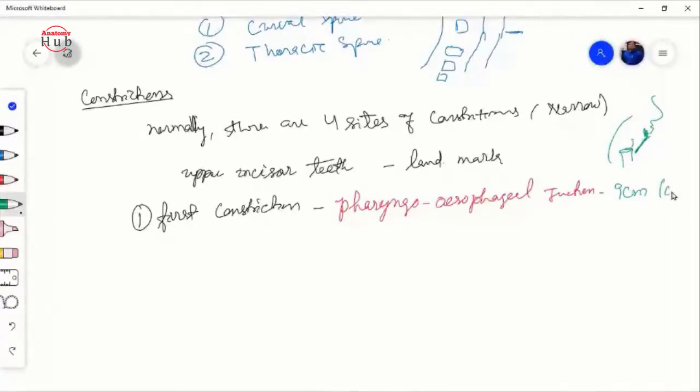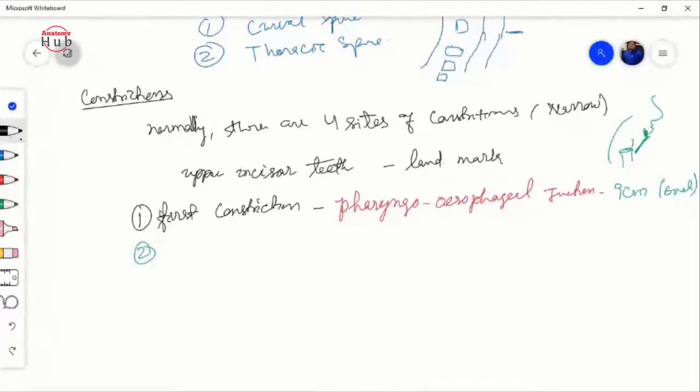That means from the incisor teeth to the first constriction, at the pharyngoesophageal junction, the distance is near about 9 cm, or 6 inches, from the incisor teeth, right? Then you will find the second constriction.